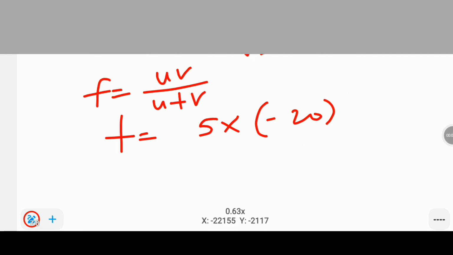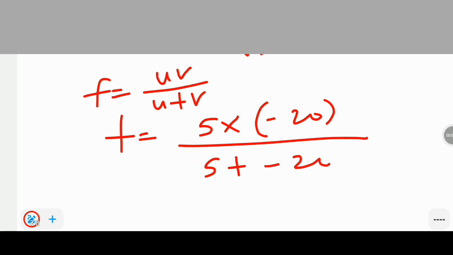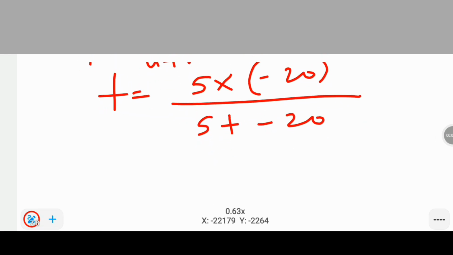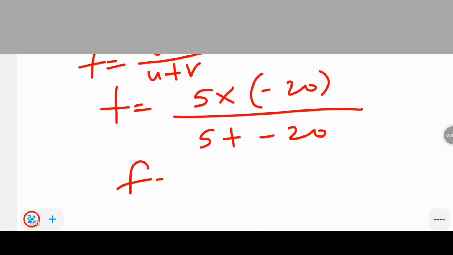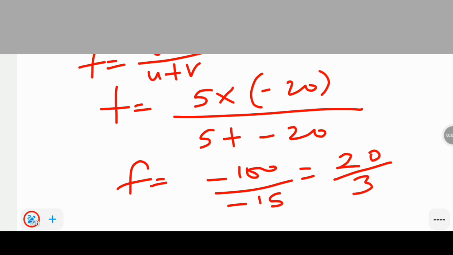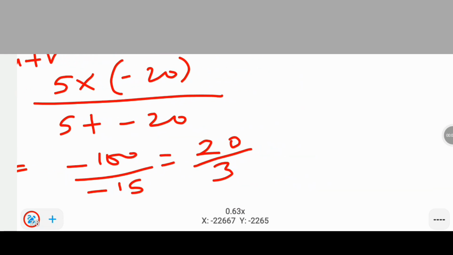Then we divide this by 5 plus minus 20. So at the top, you're going to get F is equal to minus 100 divided by 5 plus minus 20, which is minus 15. So if you divide this, you're going to get 20 divided by 3, which is 6.67.